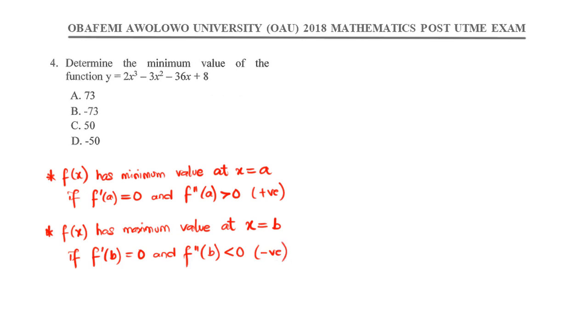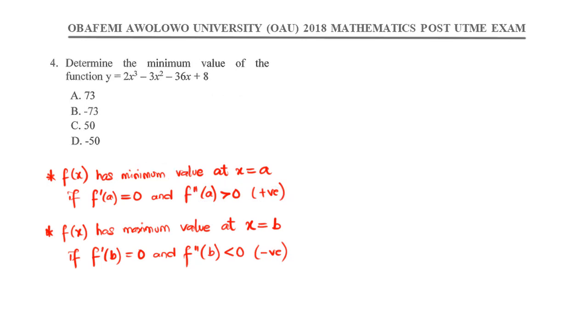Now, not to be confused, what we need to note is that for the minimum value, the second derivative is positive, while for the maximum value, the second derivative is negative. We just need to know this. For the minimum value, the second derivative is positive. For the maximum value, the second derivative is negative.